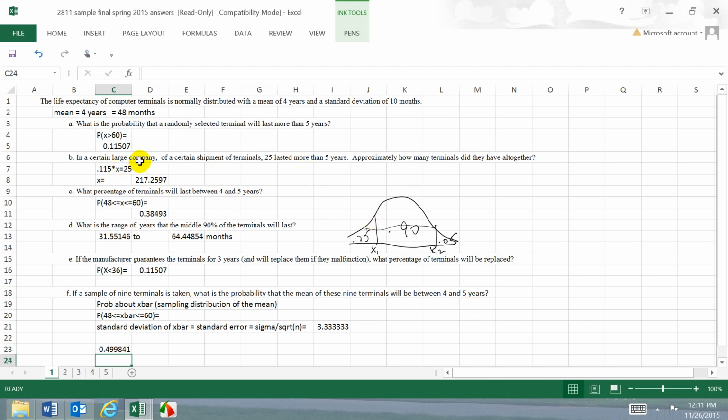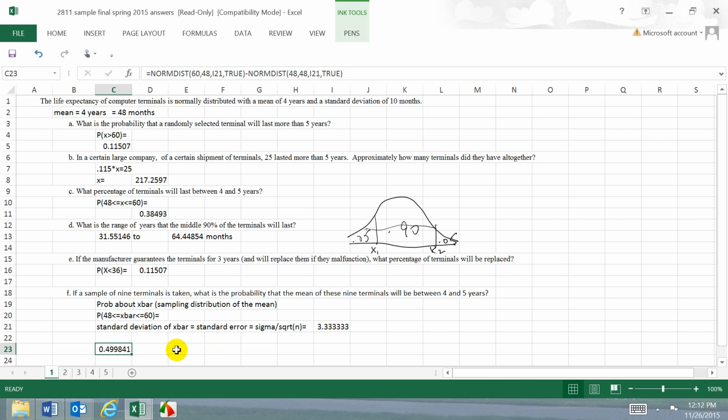For a single item, the probability was 38%. And for the mean of 9 items, the probability that it's between 4 and 5 years is close to 50%, 49.9%, and that's understandable because, as we said, the larger the sample size, when I take a sample, the values tend more toward the center.